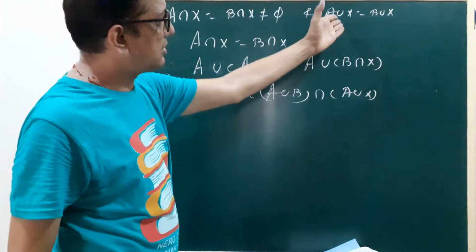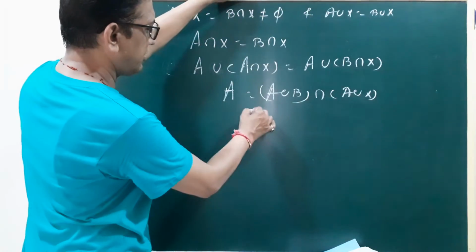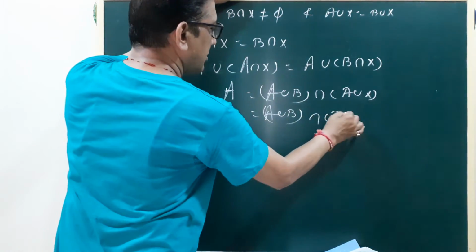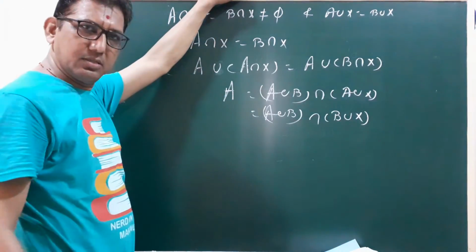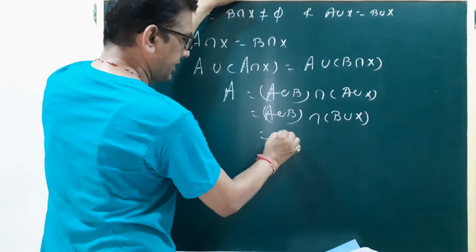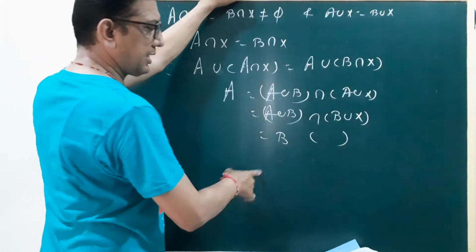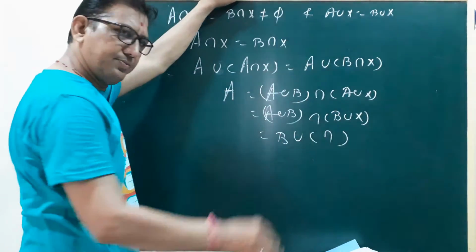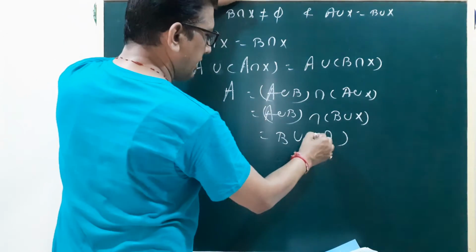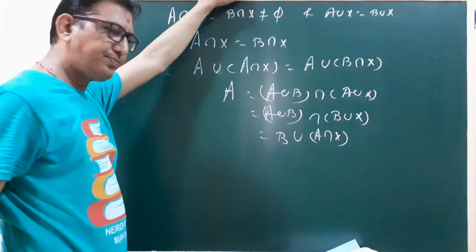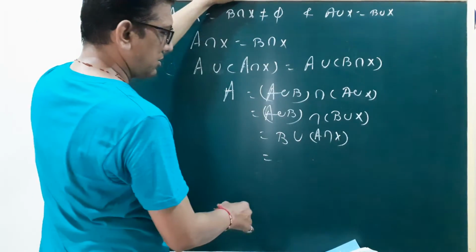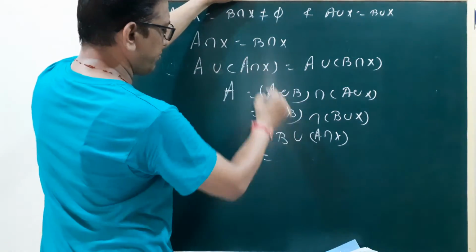Now use the union: A union X equal to B union X. Put here A union B intersection B union X. Now B is the common, so we write B in a bracket. We write intersection. Union in bracket, so outside the bracket, the remaining two sets A and X. Clear? Okay. So we write here A intersection X equal to B intersection X.